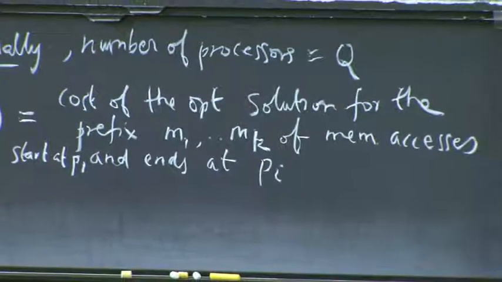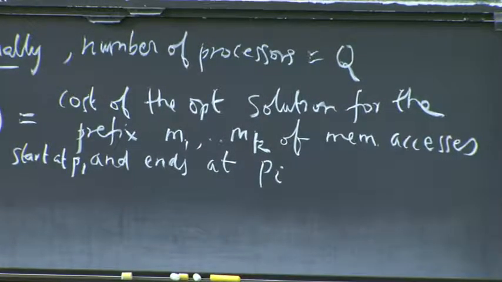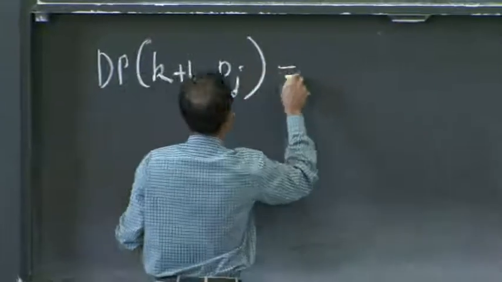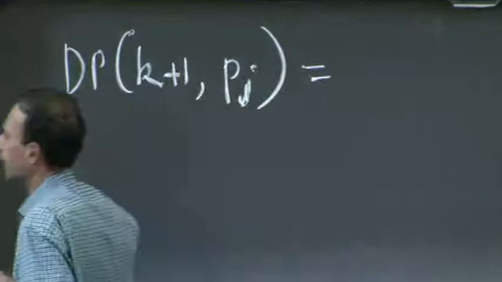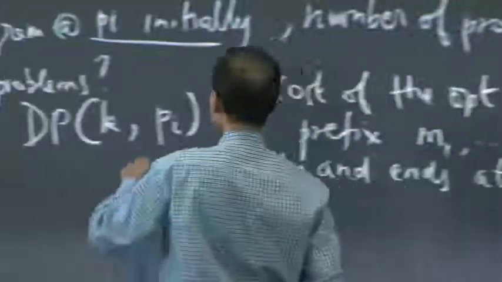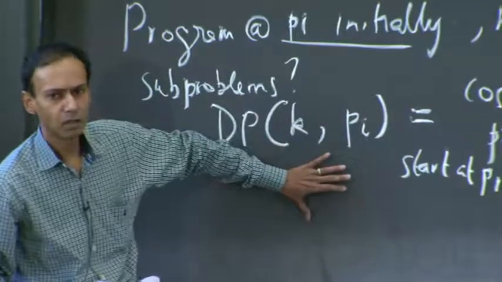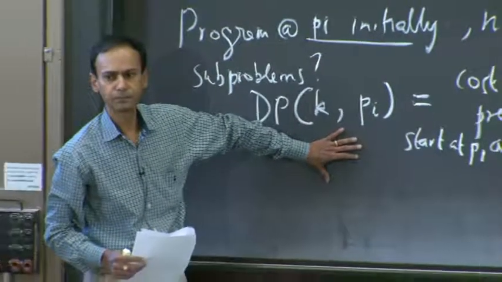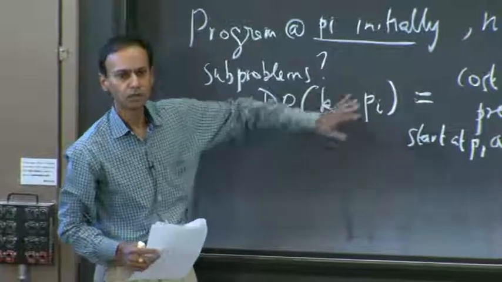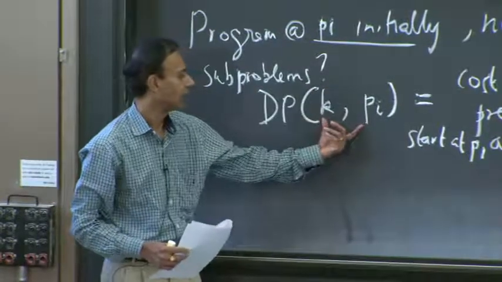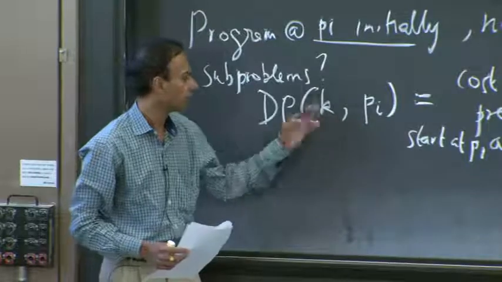What I want to do now is figure out dp[k+1][Pj], assuming I have all of the dp[k][Pi] computed. And how many subproblems do I have total? Look at this and tell me what the ranges of the possibilities are.